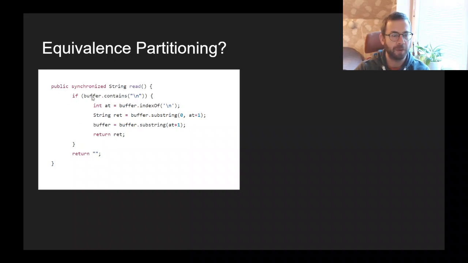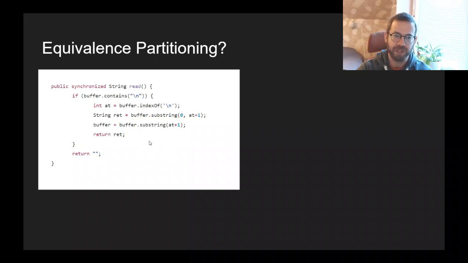But if the buffer, I guess this is reading from some kind of input which the user is putting in, contains a line break, then I guess we return everything up to that line break.